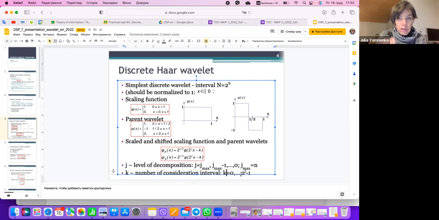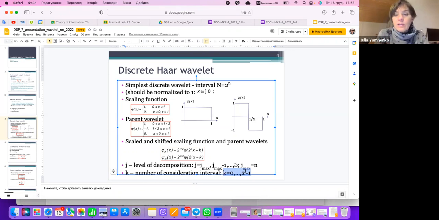So totally 4 values. But if J, like a level of decomposition, is decremented and becomes equal not 2 but 1, then we should put 1 here. And at that level, when J is equal to 1, our K will change till the value 2 in the power 1 minus 1. It will be 1. So at that level, K will take only 2 values, 0 and 1.